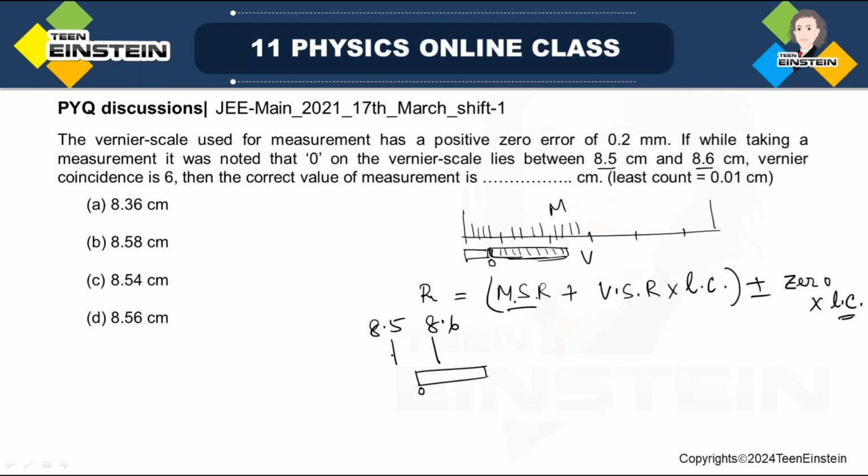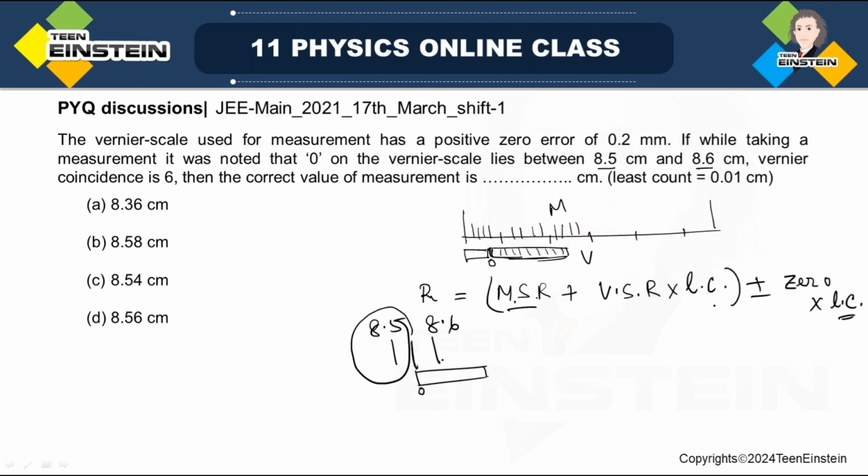So always the main scale reading has to be taken as the one which has been crossed by this 0. You should not take this one.